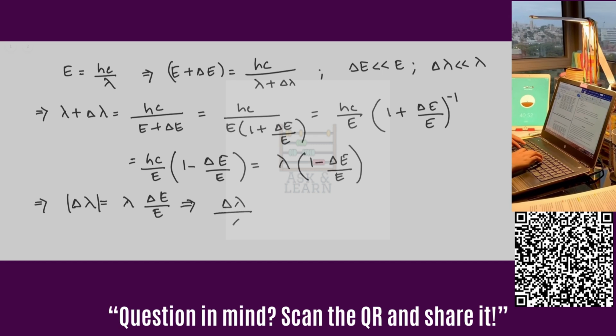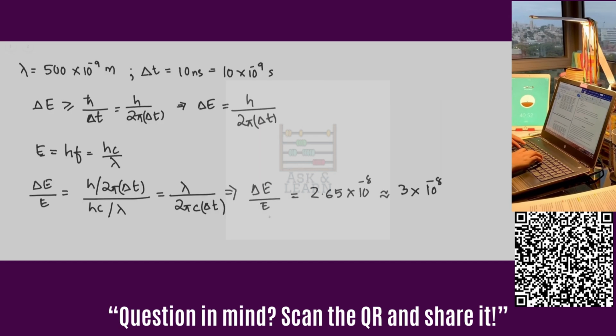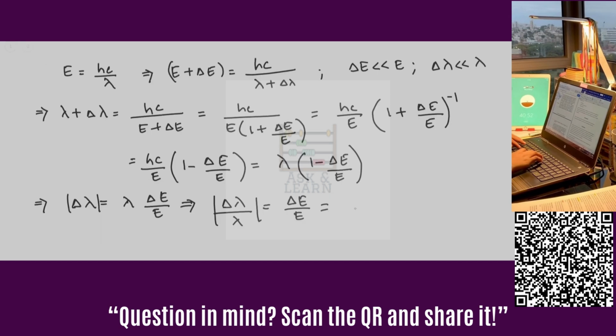Now the ratio of delta lambda over lambda will then be equal to delta E over E. So we will use this equation, basically this answer over here. So delta lambda over lambda will then be equal to 2.65 times 10 to the power minus 8. We can round it to 3 times 10 to the power minus 8.